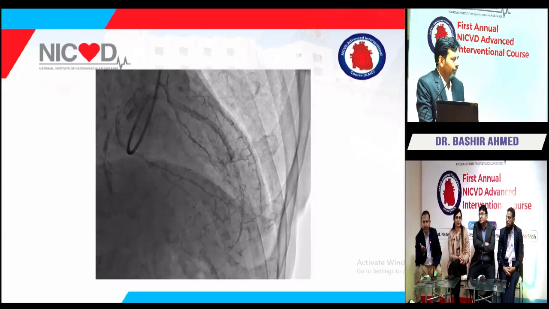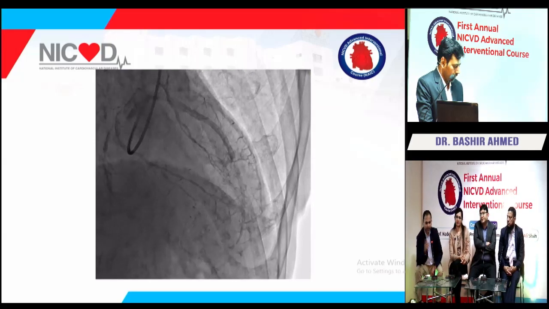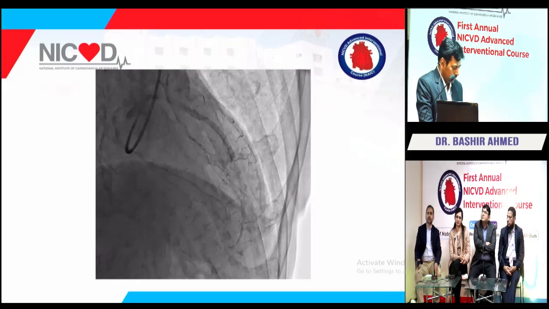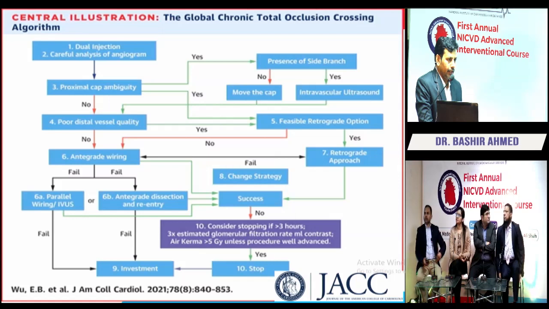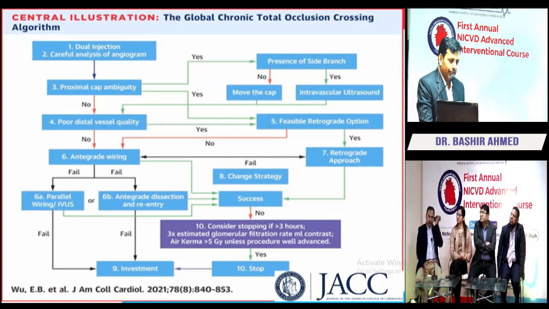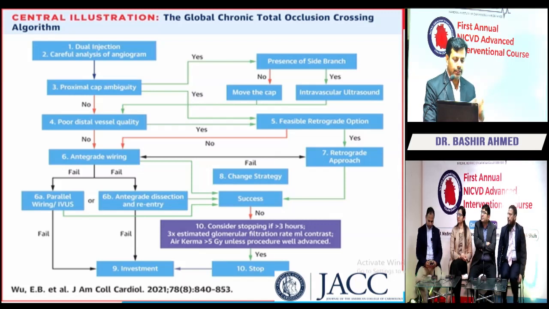Dr. Nauman, we have the algorithms in the upcoming slides. I want to share them with all of my colleagues. It is about the global CTO algorithm, and on the basis of that we can decide. It is an important rule that you need dual injection for every CTO patient having donor collaterals, and the importance of the proximal cap, whether it is tapered or ambiguous, and the distal vessel after the CTO segment, and the status and quality of that distal segment.